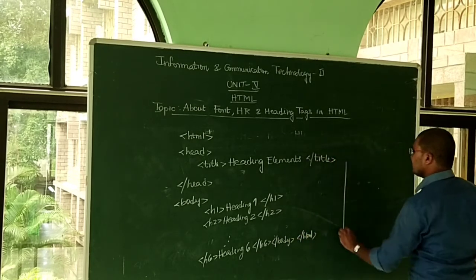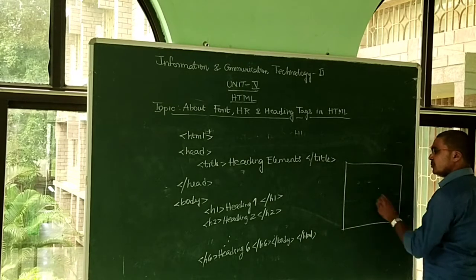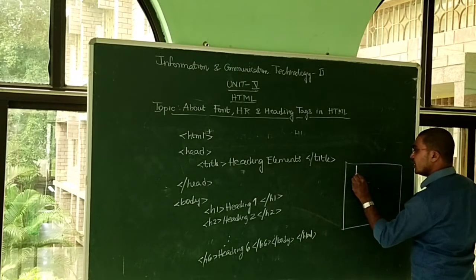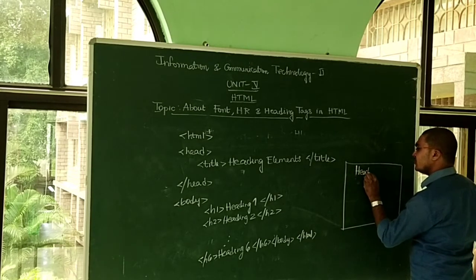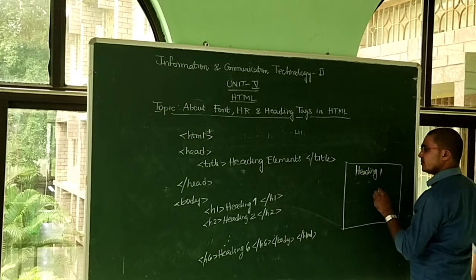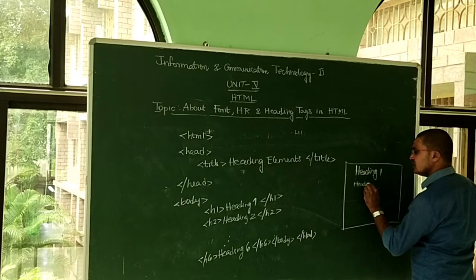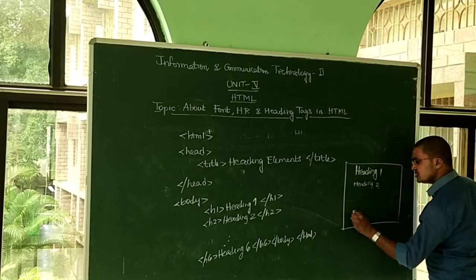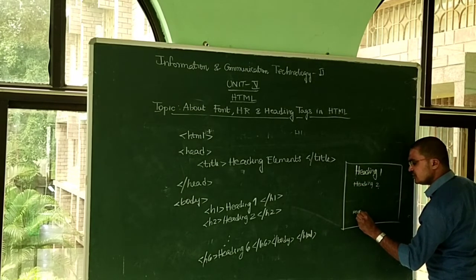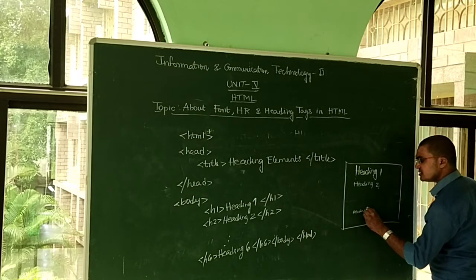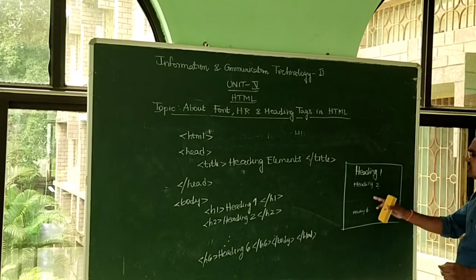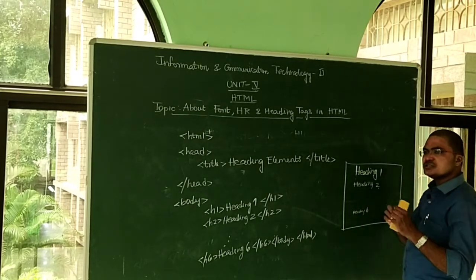You just watch the web browser after completing the program. Heading 1 appears very big in size, and there is a little change in size in heading 2, and heading 6 always appears as a small piece of text, and in between 3, 4, 5 the sizes are different.